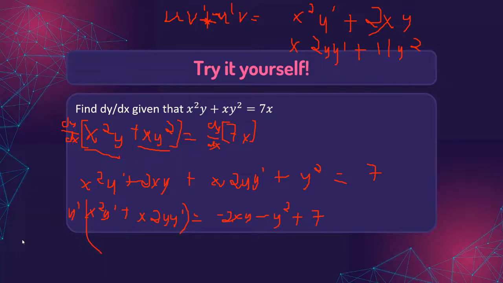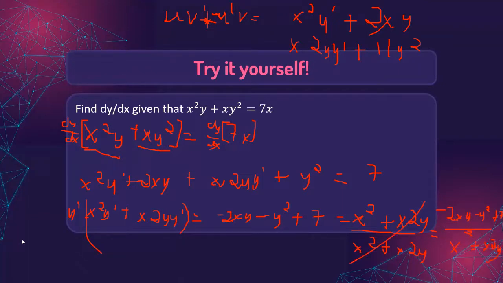Once we factor out y prime, we get (x squared + x 2y). If we divide both sides by x squared + x 2y in order to cancel it, we get y prime = (-2xy - y squared + 7) all over (x squared + x 2y).